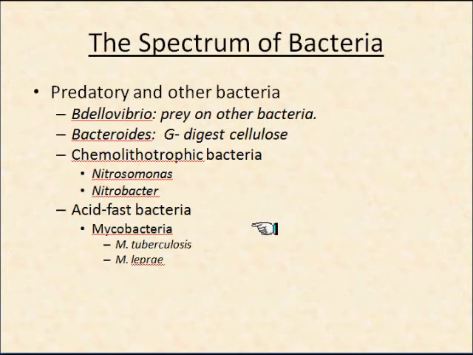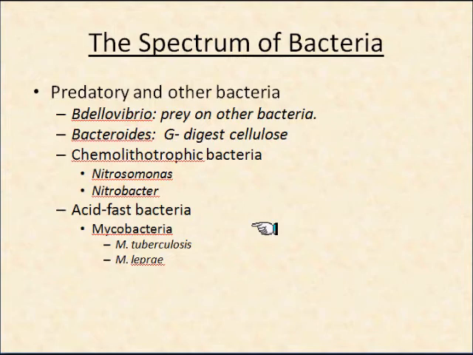Okay. There are also predatory and other classifications of bacteria. Bdellovibrio prey on other bacteria. They actually go in, work their way into the cell wall, populate that, and kill the microorganism in the process.